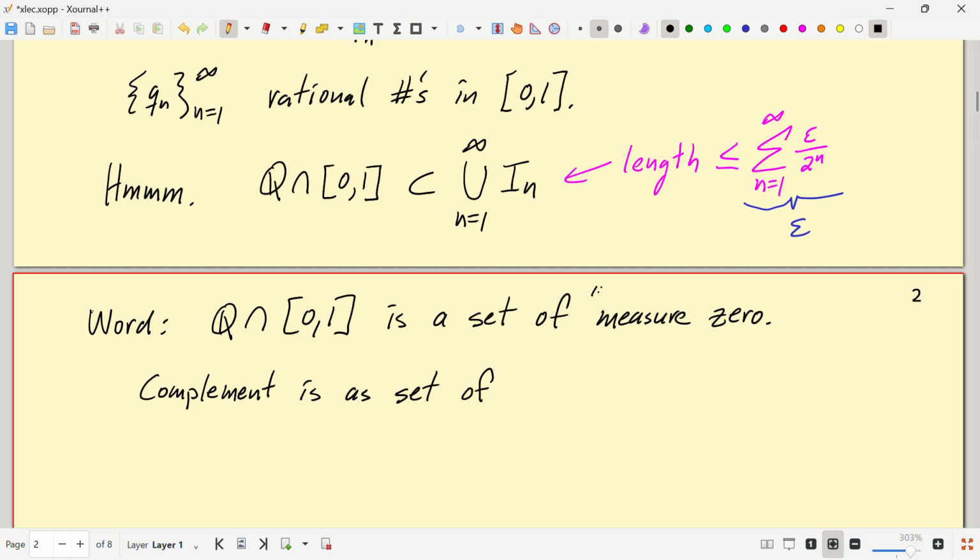Measure 0 is a word that would be defined later in Lebesgue theory, and full measure means it's everything except a set of measure 0. And the full measure would be 1. So the function is 1 on a set of full measure and 0 on a set of measure 0. So it's 1 times that length plus 0 times 0 length. And that's what Lebesgue thought of.